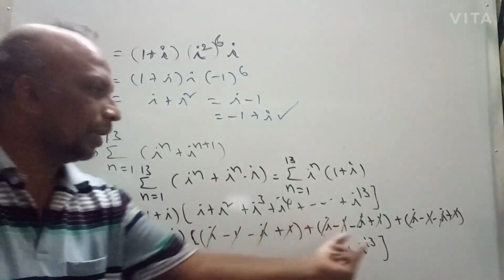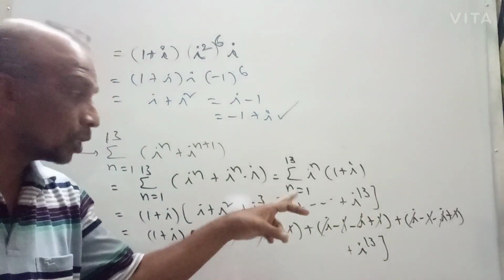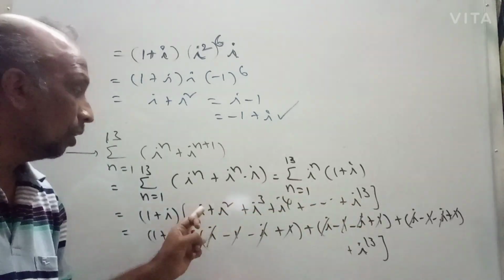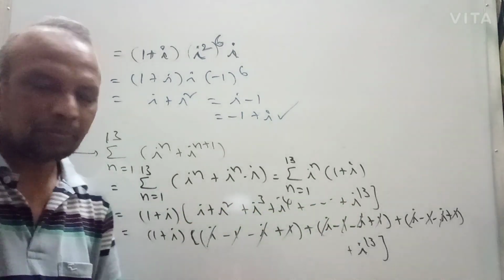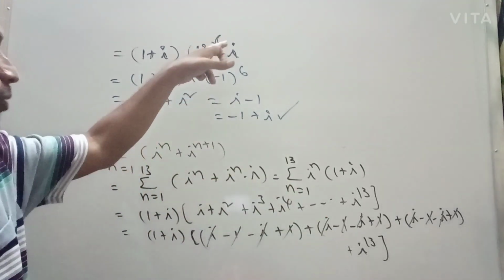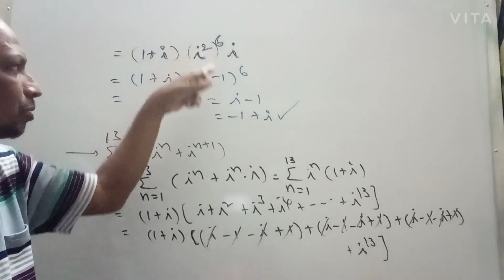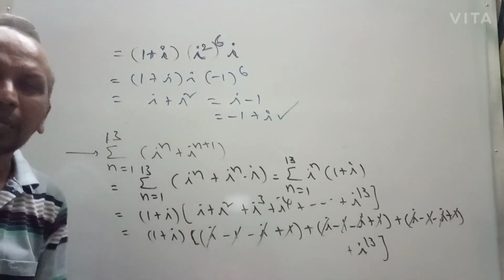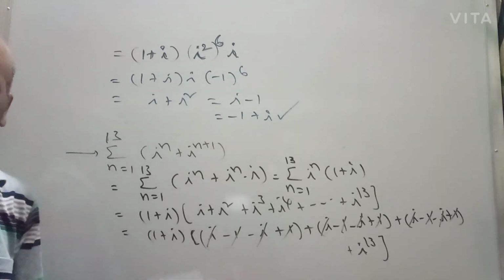First 4, next 4, next 4. Okay, you can expand, you will get the same thing. The last term is 13. Total we have 13 terms. So the last is i power 13. i power 13 can be written as i squared whole power 6 into i. i squared is minus 1, whole power 6 is positive. Expand this. Minus 1 plus i is your answer.